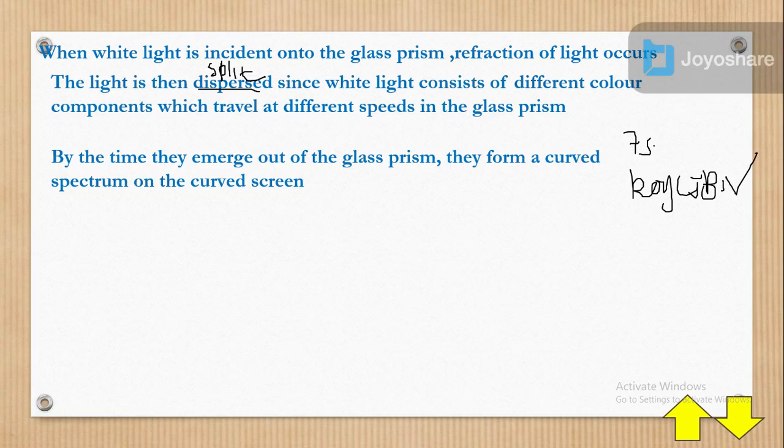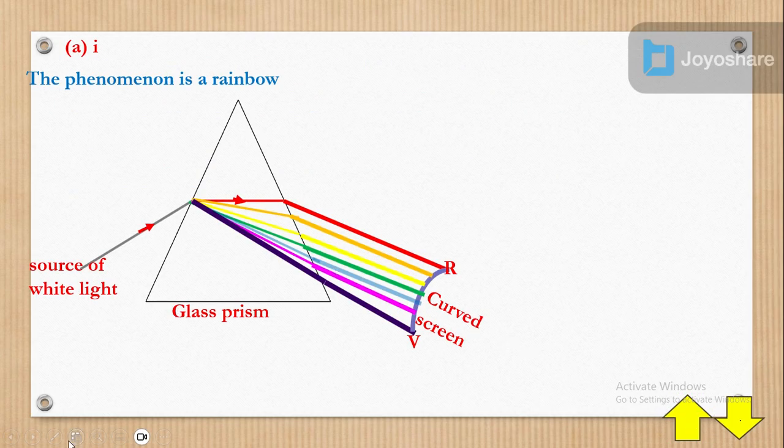Okay, since white light consists of different components which travel at different speeds in the glass prism, we have explained that. Once it is incident, the first refraction spreads them apart. Here, realize what's happening at this point. I want us to do this very well.